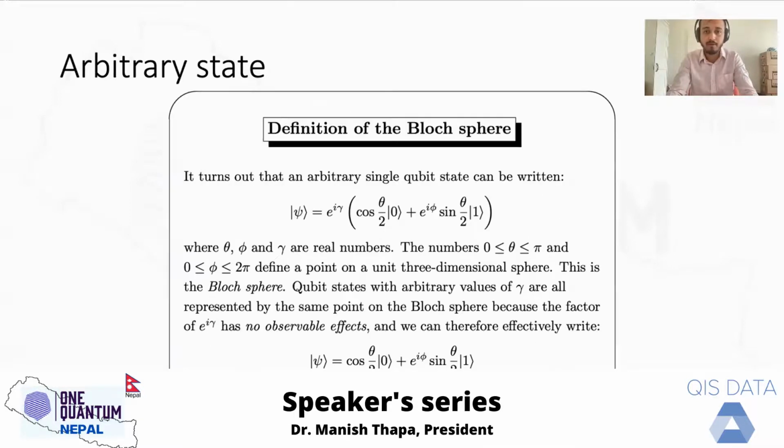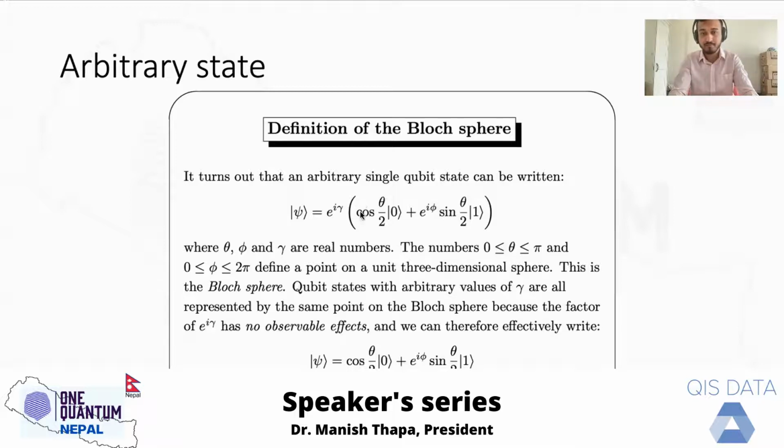So it's very simple. So there are 2 parameters. This is called global phase. It doesn't have any observable effect, but important parameters are this theta and phi. So just take this as a definition right now. Any arbitrary single qubit state can be written as that. You can write this as either 1 by root 2, 1 by root 2, right?